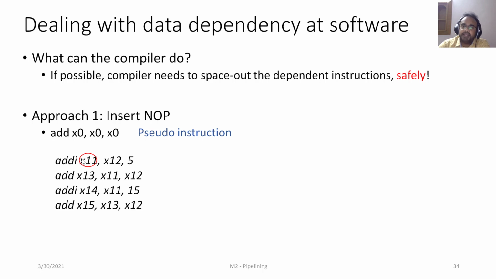Here we have x11 as the result of ADDI, which is the source of the second and third instructions. So there is a data dependence among instructions 1, 2 and 3. Is that the only dependence? No, because even instruction 2 and instruction 4 are dependent through x13. So looking at these, the compiler can now decide to introduce the dummy instructions.